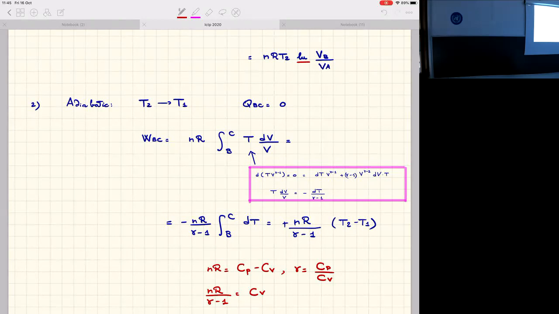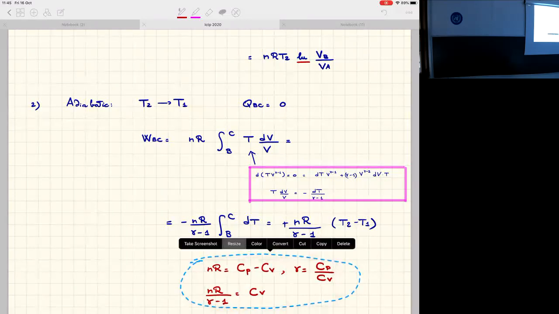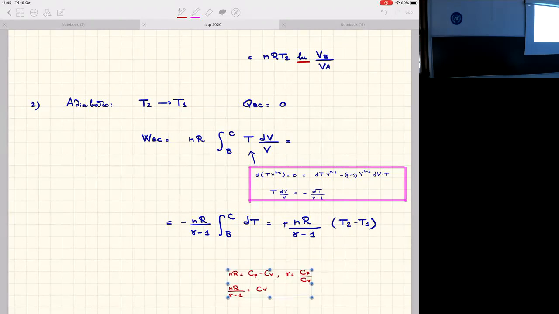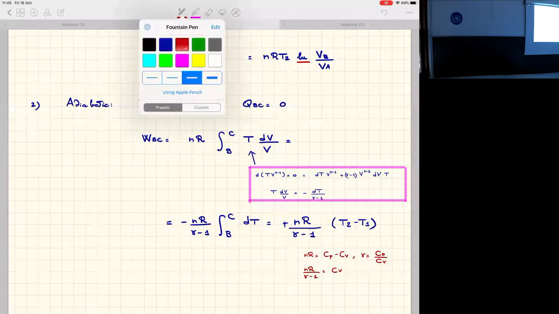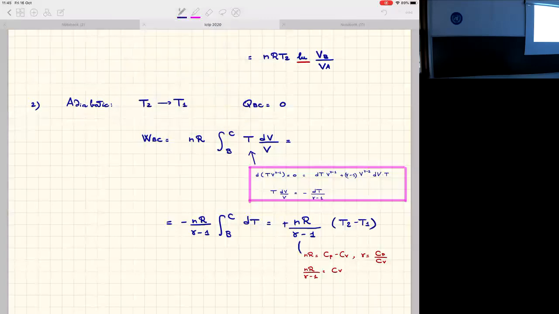And how do you calculate the difference in internal energies? You simply take Cv times the difference in temperatures and nothing else. All right, so now, since I discovered this wonderful tool, let me do it again because I think it's great. And we plug in this, and therefore we discover Cv T2 minus T1.